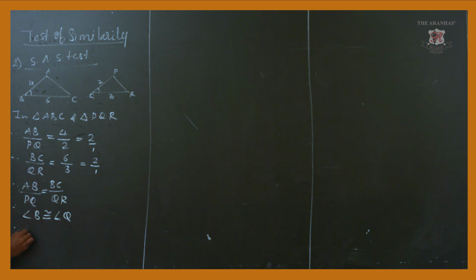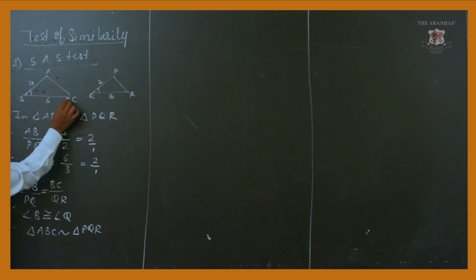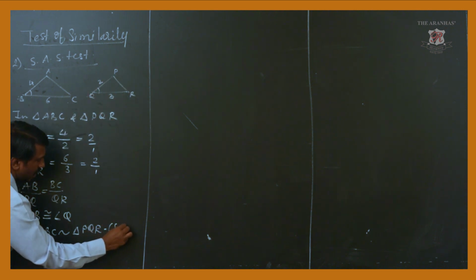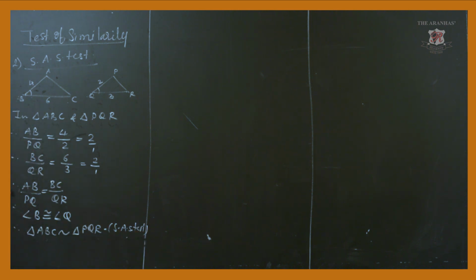It means we can show triangle ABC is similar to triangle PQR by the SAS test. Means two corresponding sides in proportion and the included pair of angles congruent, so the triangles will be similar by the SAS test. This is the second one.